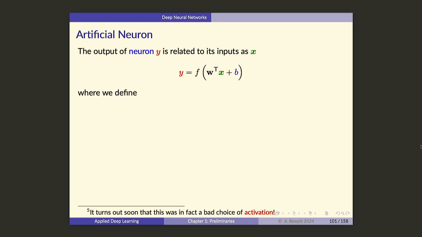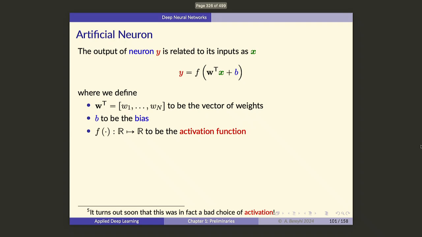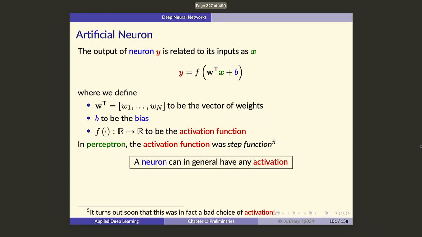So x goes in, you calculate this linear function or affine function, you activate it, and you get your output. Yeah? So again, here w is the weight vector, b is the bias, f is the activation function. So it could be any function here. You can consider any function. And the perceptron is a special case where this function is the step function, right? Clear?